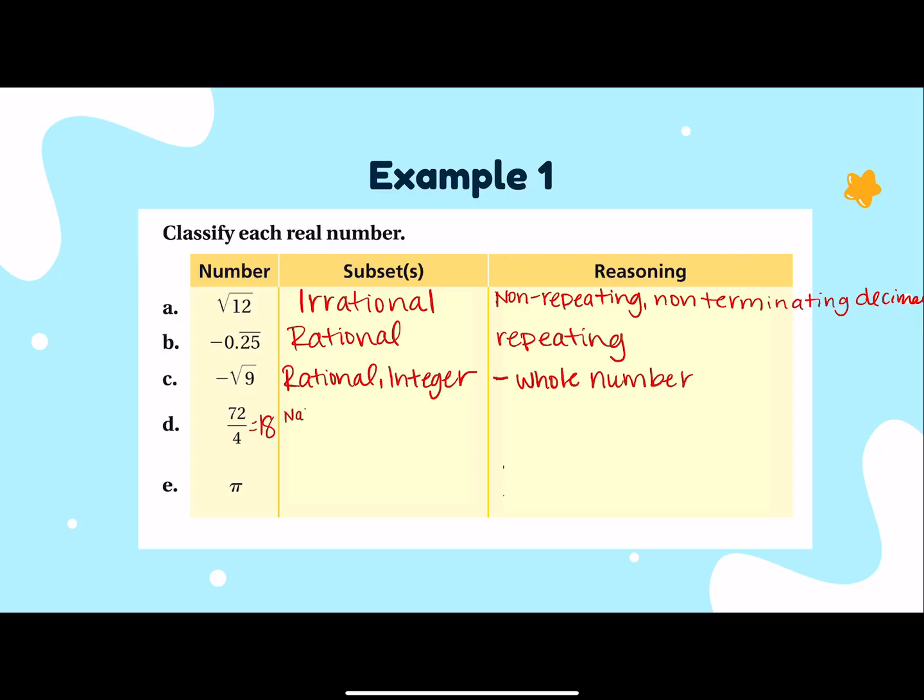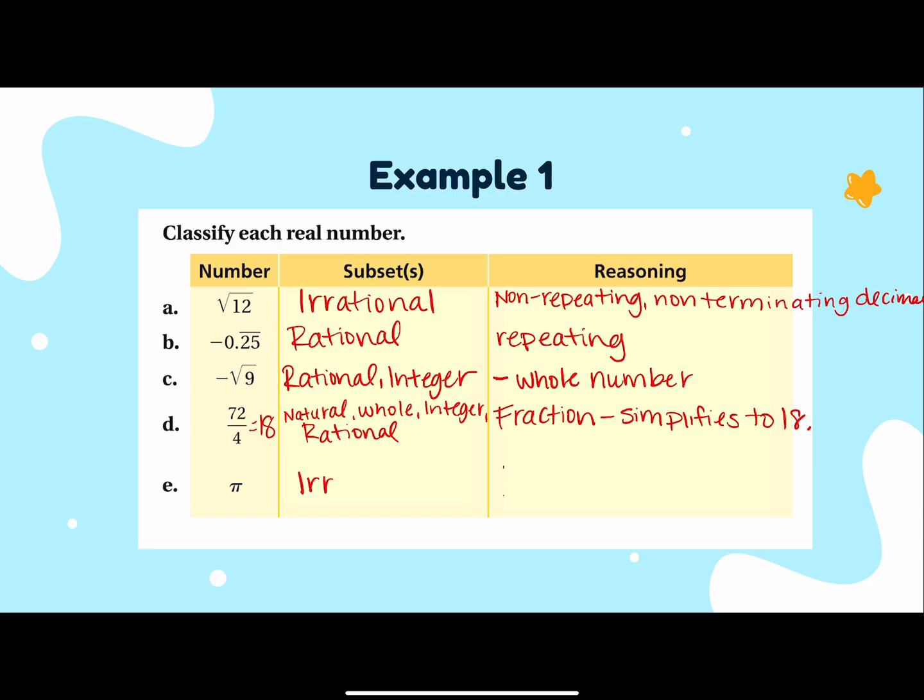So it is natural, but it is also everything above natural, so it's also a whole number. It's also an integer, and it is, of course, rational. Why? Because it's a fraction, and because it simplifies to 18.